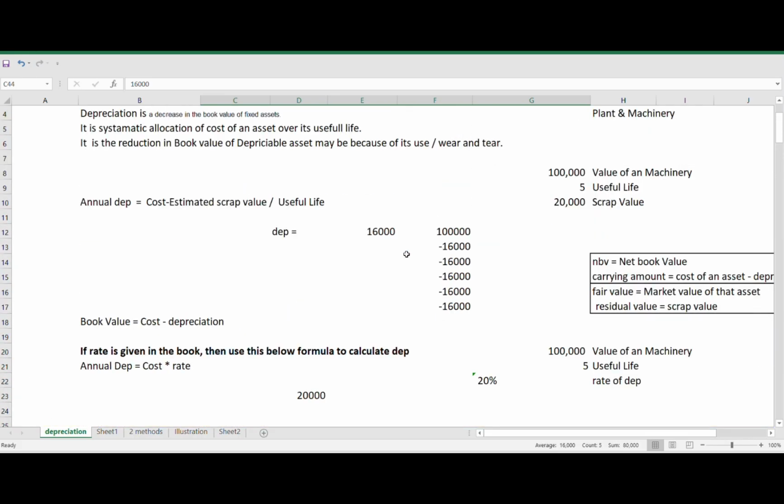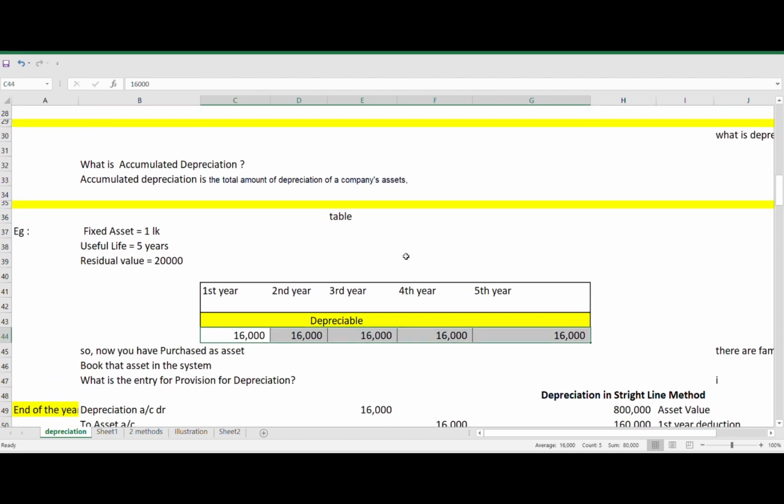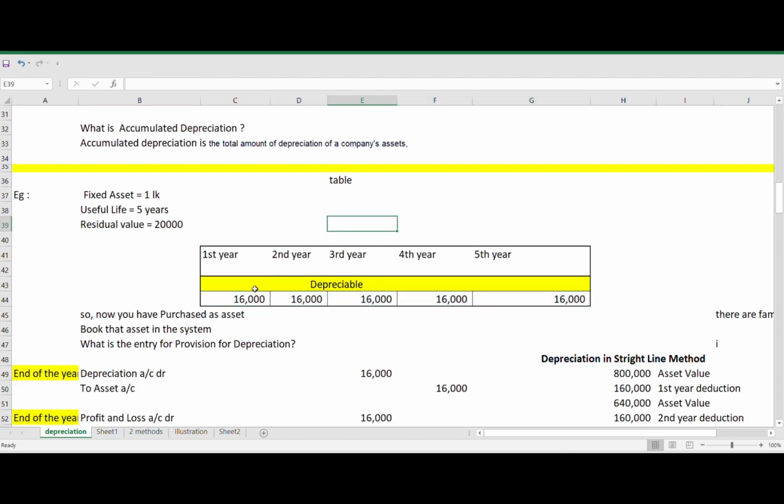Cost minus scrap value divided by useful life. So in the first year 16,000 was the depreciation. Second year is again 16,000. At the end of the second year, the total accumulated depreciation is 32,000. In the same way, at the end of the third year, it is 48,000.